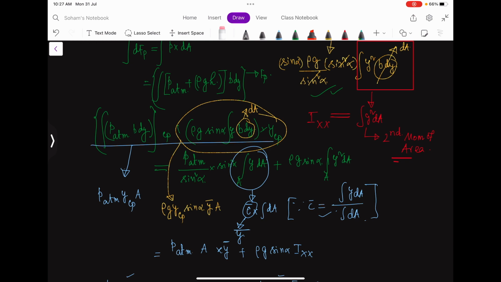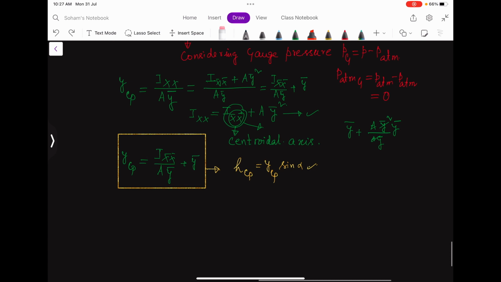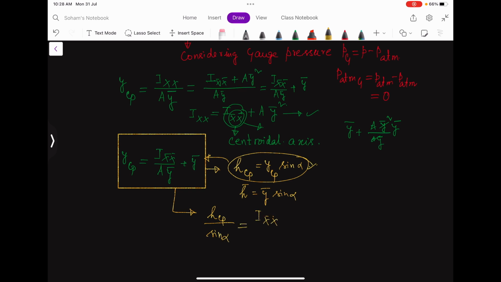Now let us go down to this expression again, and I am solving this one for you. If I put this one here, and also h bar is equal to y bar sine alpha, then YCP, that means HCP by sine alpha, is equal to I x bar by A h bar plus h bar by sine alpha.